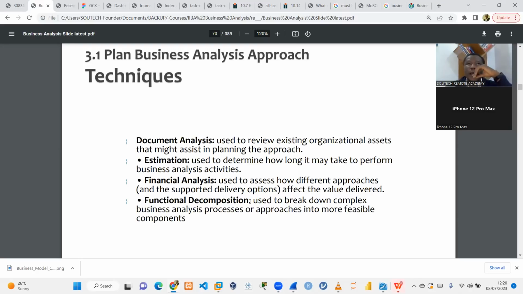Say I need to create a hospital lab, let's say a diagnostics lab for testing for malaria, for typhoid, for tuberculosis, for HIV/AIDS, for whatever. I might need to break it down piecemeal so that it is feasible, maybe because of cost constraints.